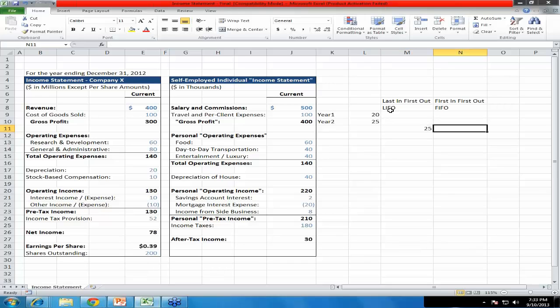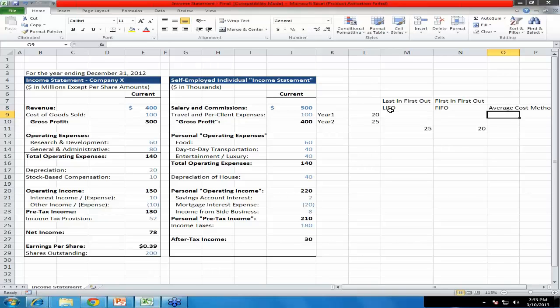On the other hand, if I'm using the FIFO method, which is the first in, first out method, meaning that whatever I brought in first gets out first, then the expense for this year will be $20. Now there's also a third way of allocating cost when you have bought raw materials on more than one occasion at different prices, and that is the average cost method.